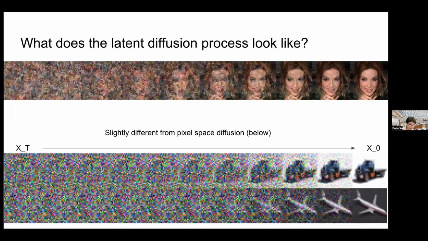We can see below that in the pixel space diffusion, our model starts from Gaussian noise, which is colorful and high frequency compared to the starting point in the latent space. This is because in the latent space, all the images are generated by the decoder.